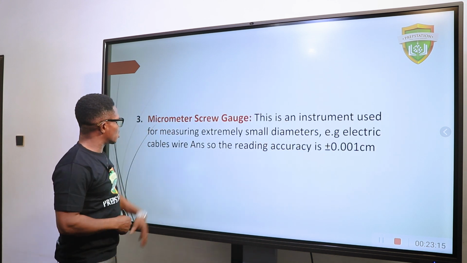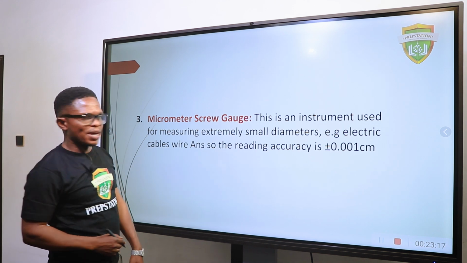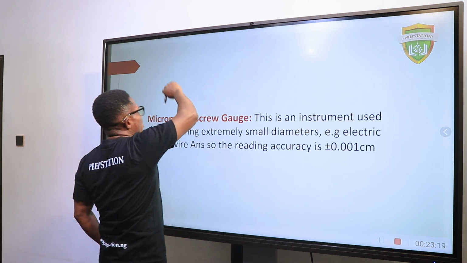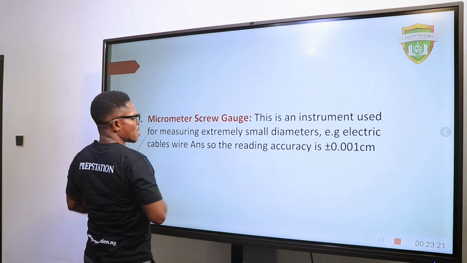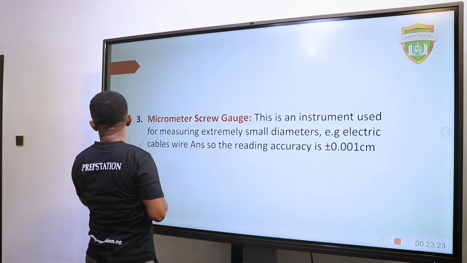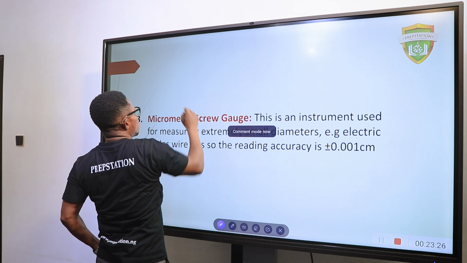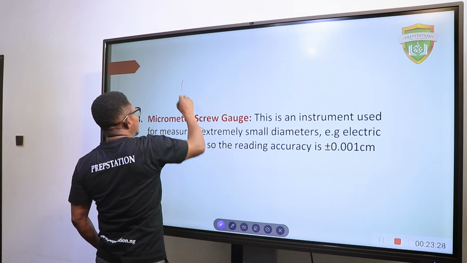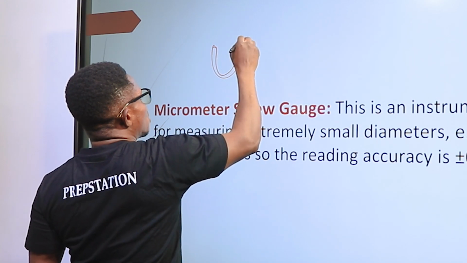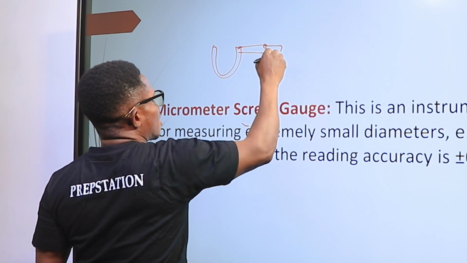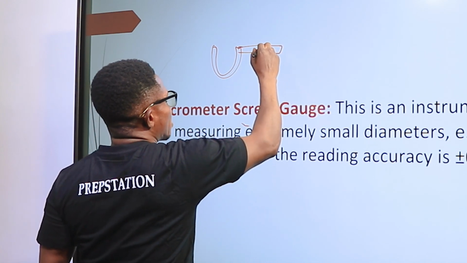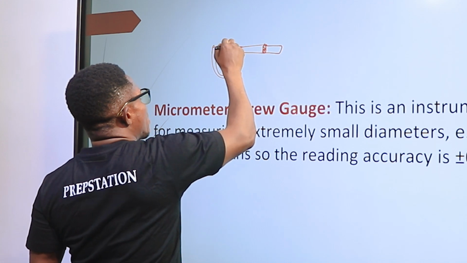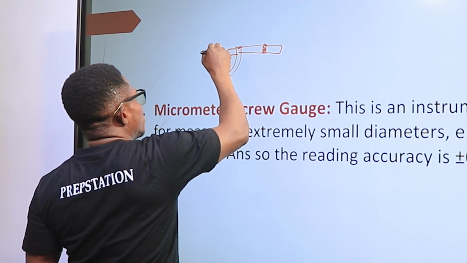The last on this list is micrometer screw gauge. It looks like a G clamp. If you have seen a G clamp before, it's something like this. It has this, called the thimble ratchet, which has adjustments, and it has the spindle.